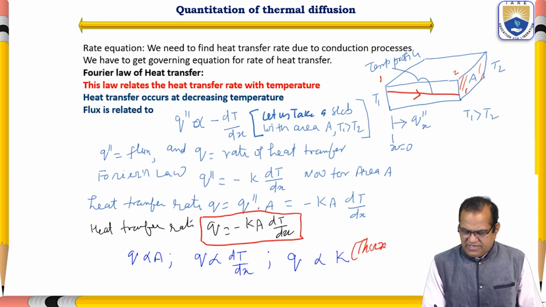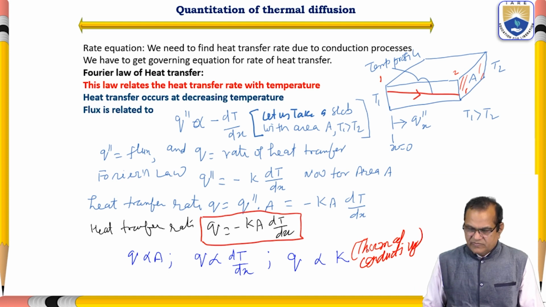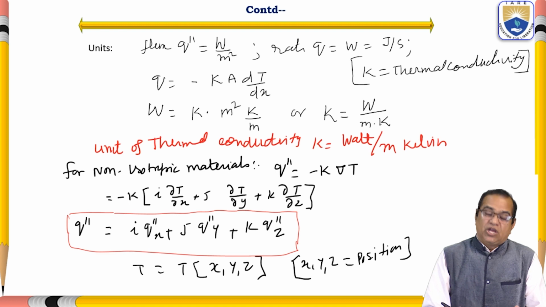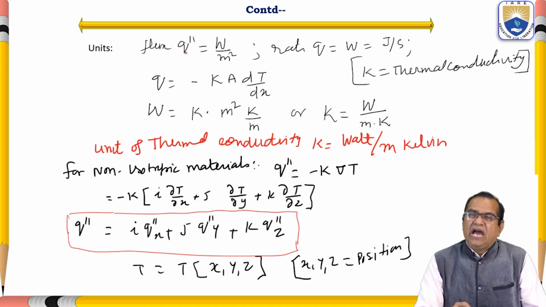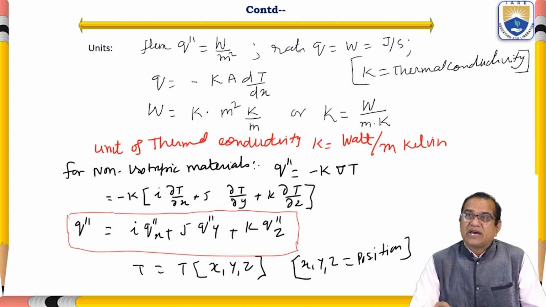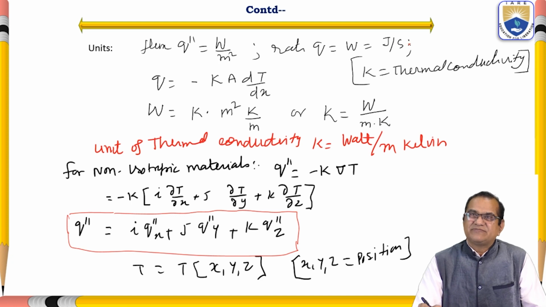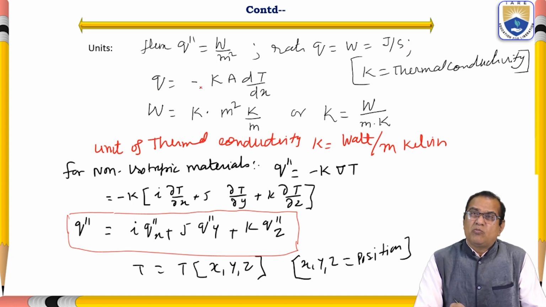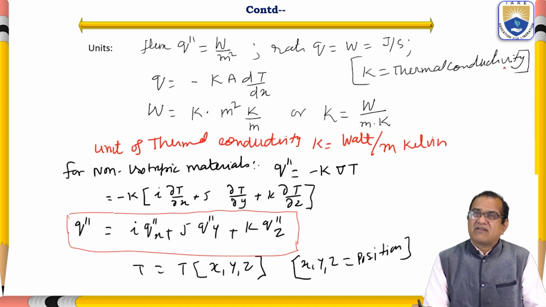K is the thermal conductivity. Now we will see the units. The unit of flux Q double prime is watt per meter square. The rate of heat transfer Q is in watt, that is joule per second. So Q is equal to minus kA dT by dx, where k is the thermal conductivity.